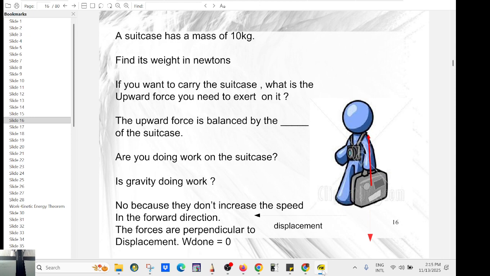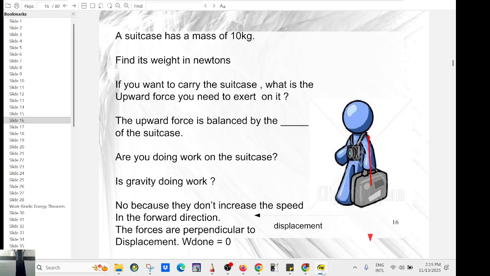Do you agree? Is it doing any work on the suitcase? Is it making it go faster or slower? No, because the force is perpendicular to the displacement, and I'm not increasing the speed, so it's doing no work.